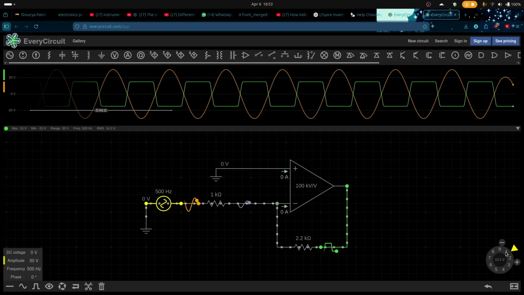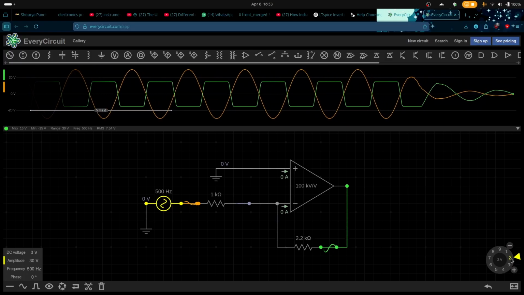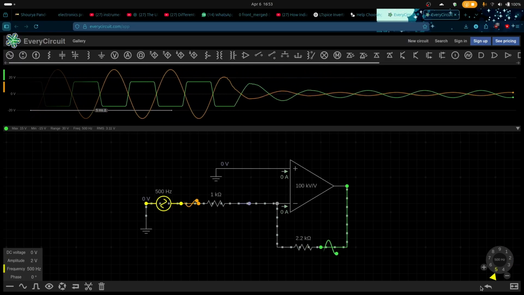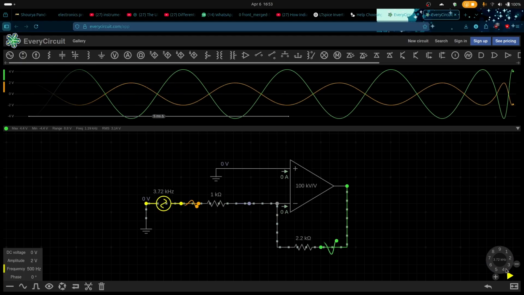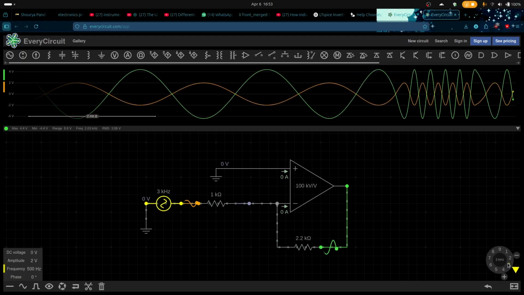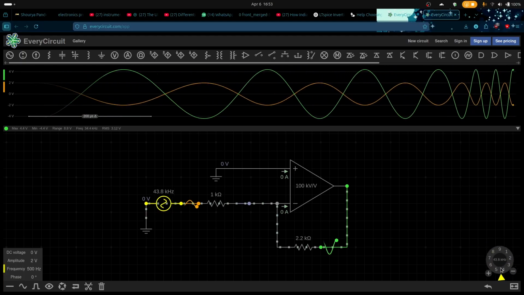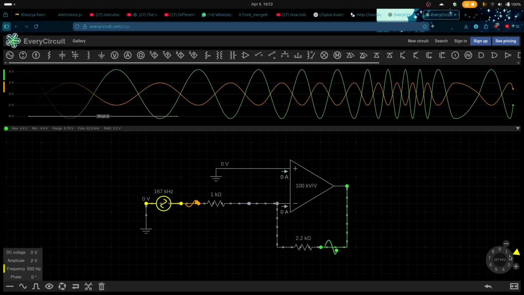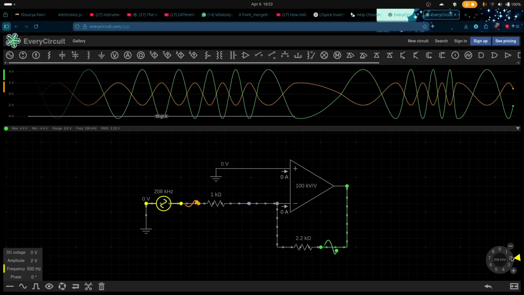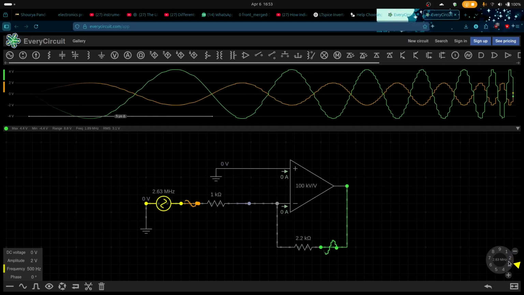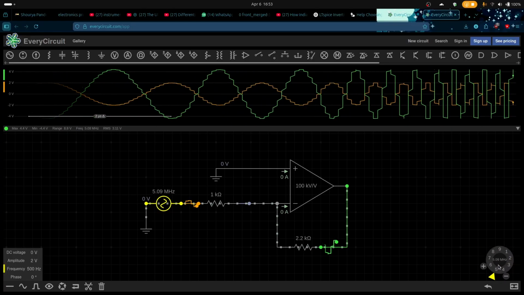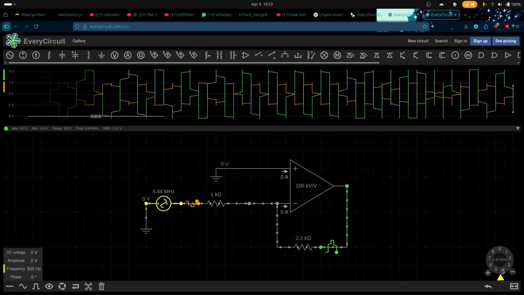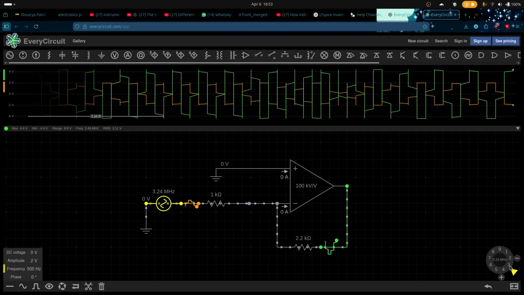Okay, now if I bring back the amplitude to 2 volts and increase the frequency more, to let's say 100 kilohertz or more, now you can see this is some kind of distortion which is coming in.